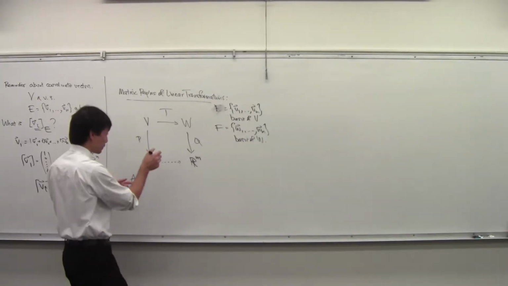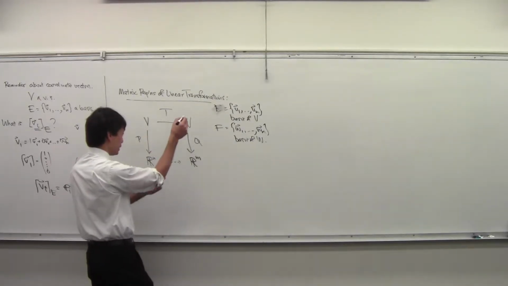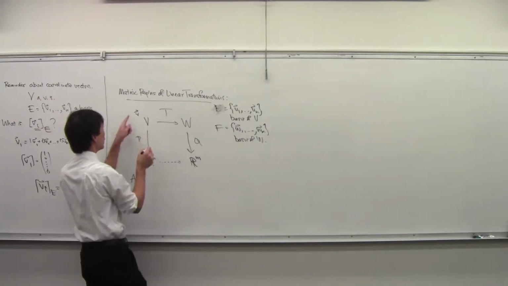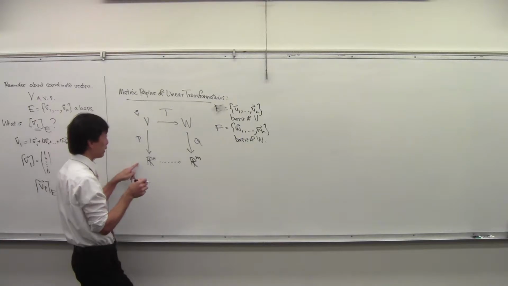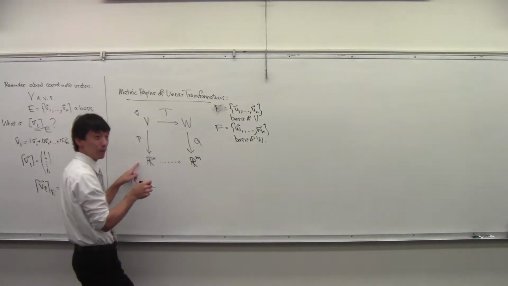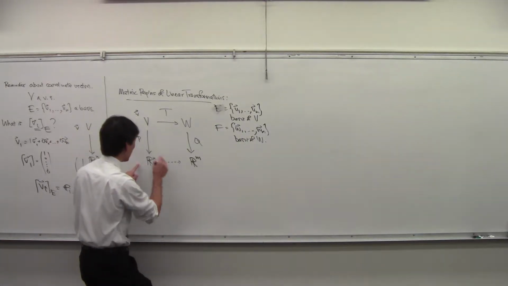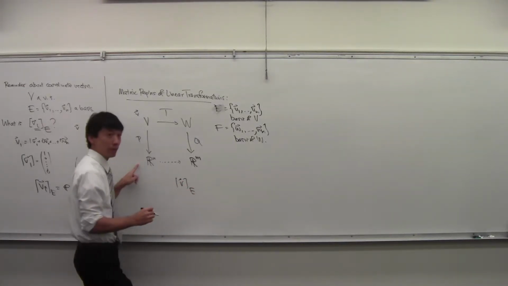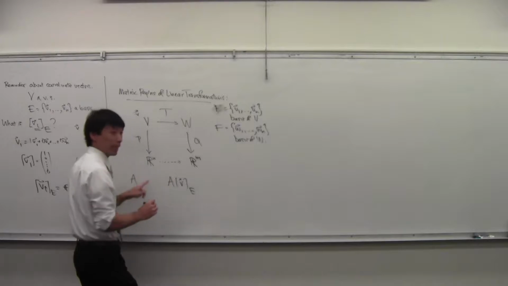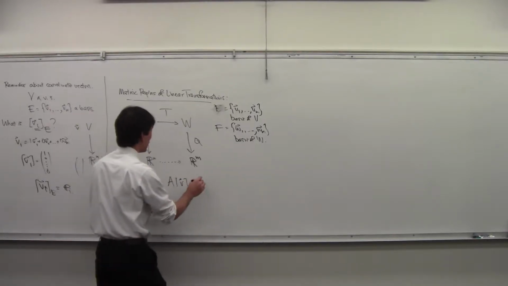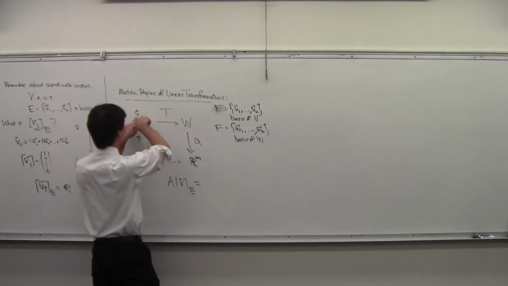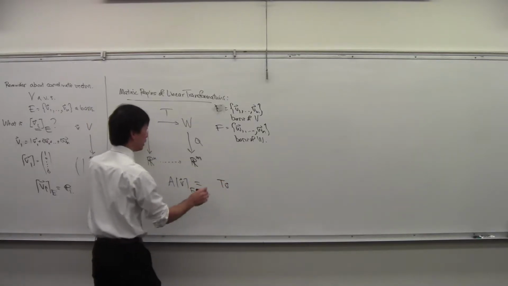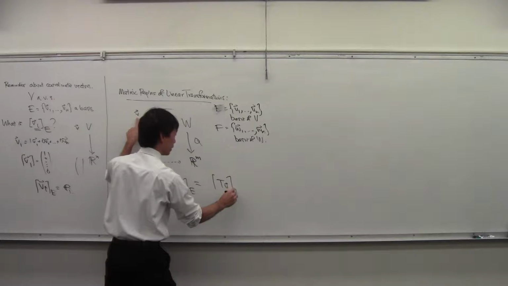So it was stated in kind of a funny way: if you start off with a vector here and look at its coordinate vector with respect to the E basis, and then left multiply that by A, you get the same thing as if you took that vector, mapped it over to W through T, and then took that thing's coordinate vector with respect to F.